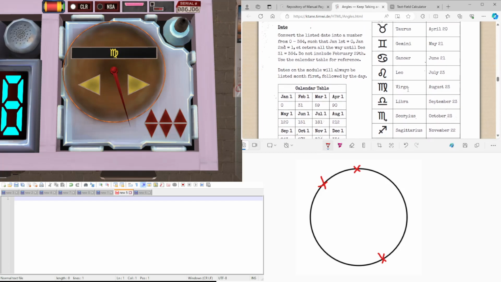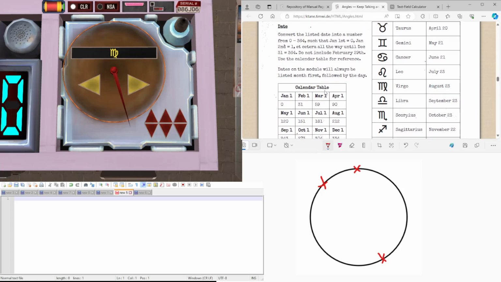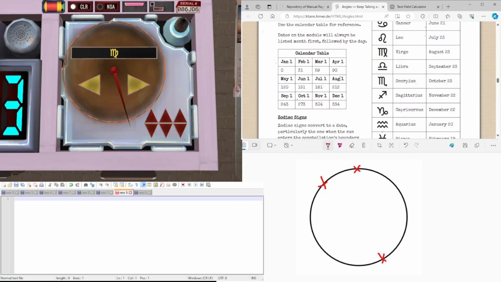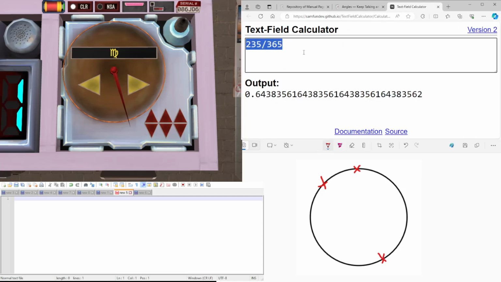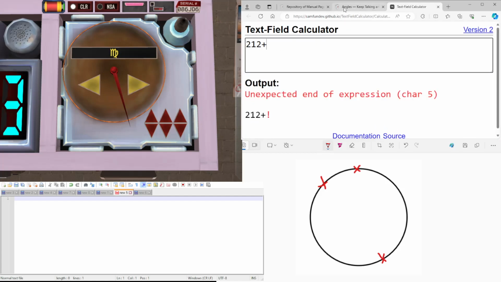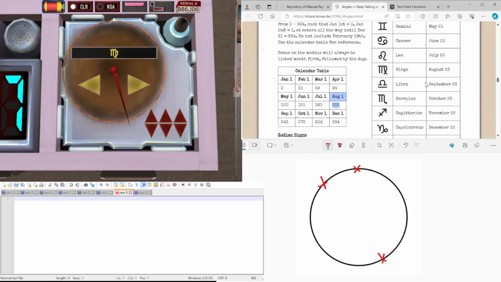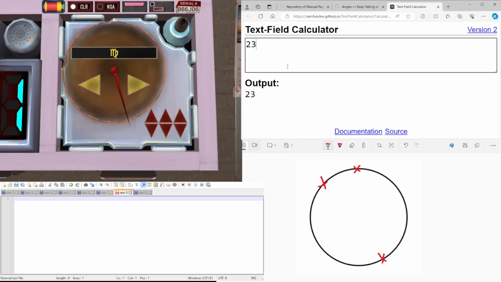So we're going to be going for August 23rd. August 23rd is going to be 22 days after this, which is 212 plus 22. What's that, right? Yeah. So 234.